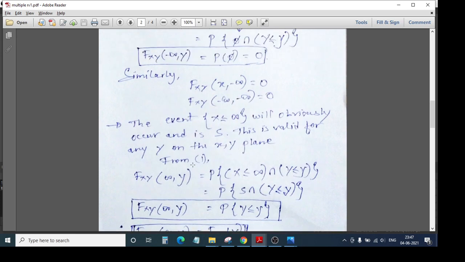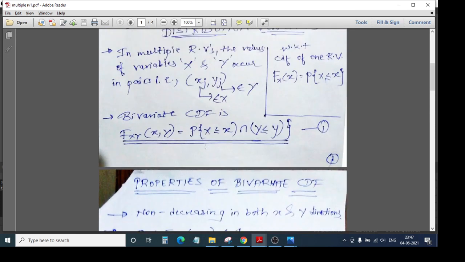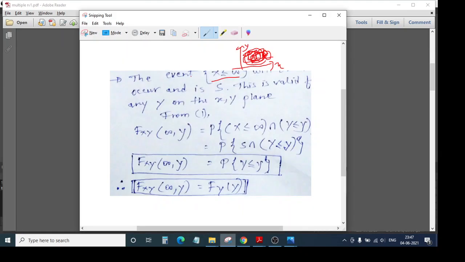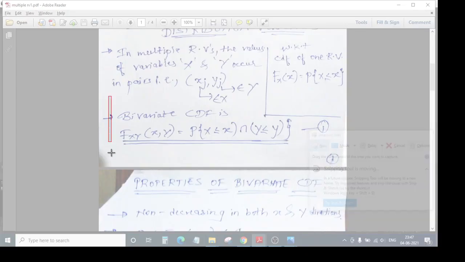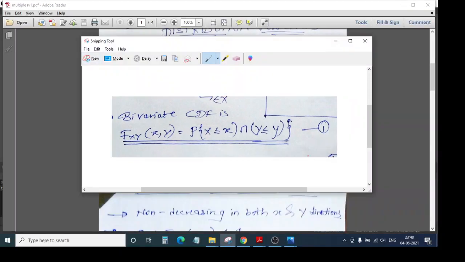So again we will use our equation number 1. Here I have my equation number 1. If you want, I will take a snapshot of it so that it will be easy for us to understand.